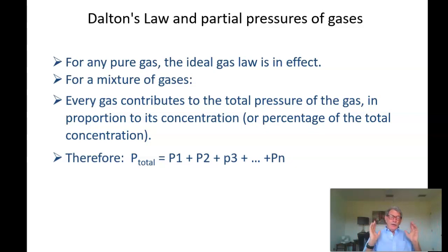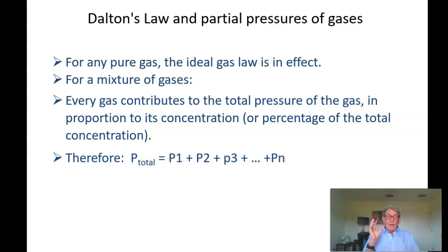In other words, if you have a balloon and there is 100 millimeters of mercury of pressure pushing against the sides of the balloon, and the gas inside is half oxygen and half hydrogen, 50 millimeters of mercury will be the oxygen and 50 will be the hydrogen. Because if the number of molecules is 50-50, exactly half of the partial pressure will be exerted by each.